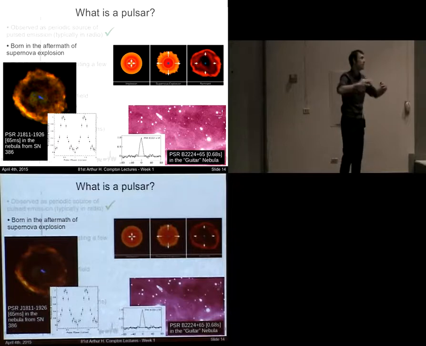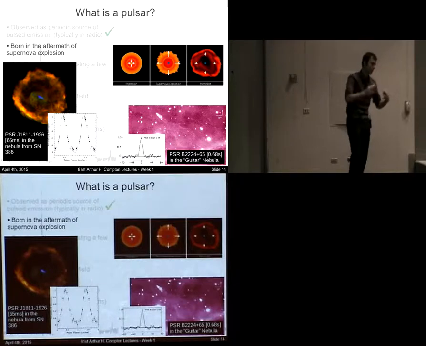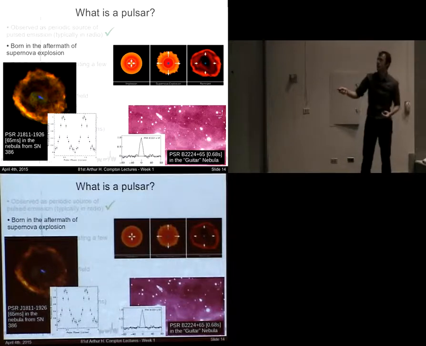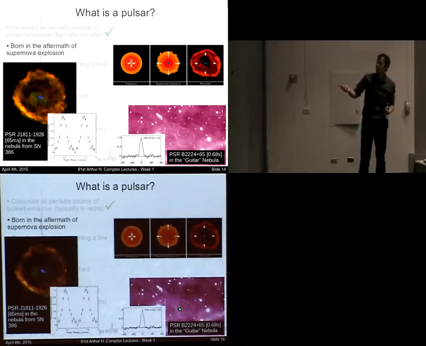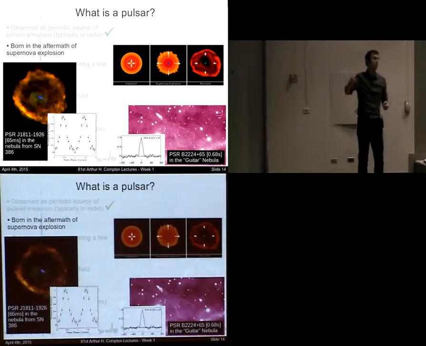For whatever reason, the material didn't collapse as a centrally dominated influx. And so the neutron star was born with a bit of a kick. It has been kicked out of the circular shell, and we can follow this across the sky.